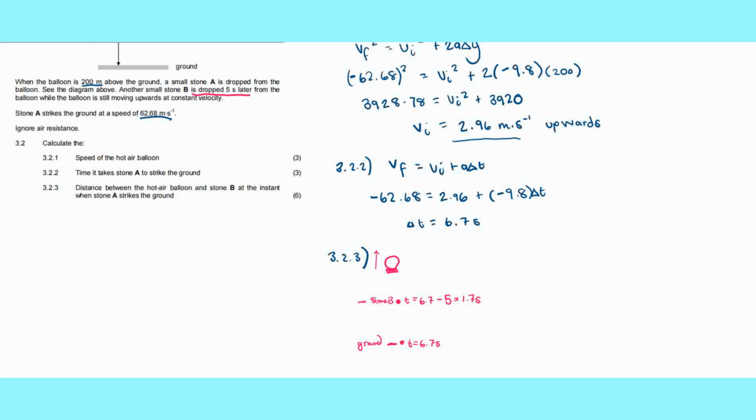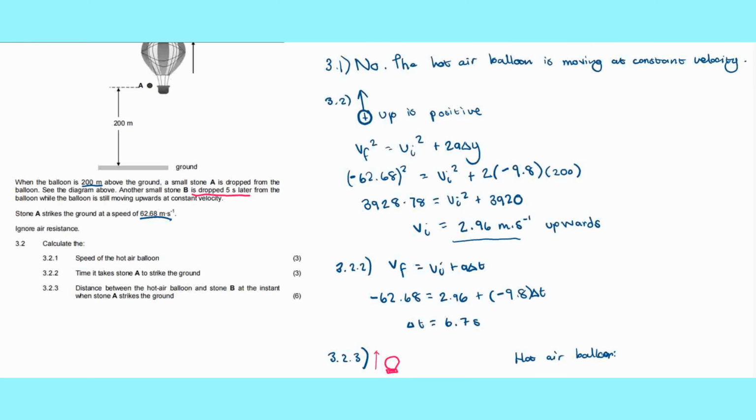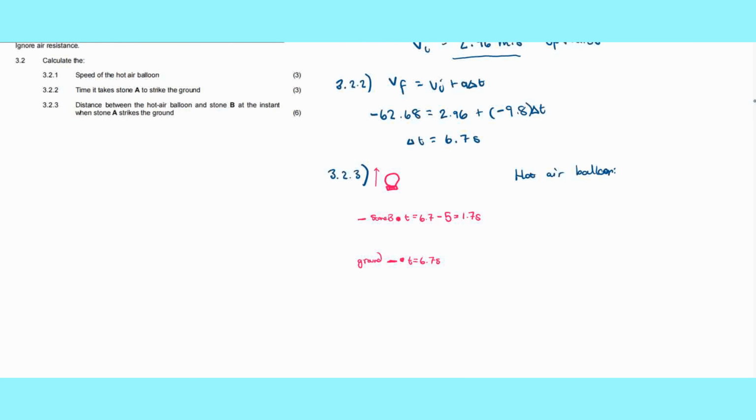If we start then with our hot air balloon, we will be using this equation of motion over here, delta y equals vi delta t plus a half a delta t squared. Now this part of the equation will evaluate to 0 because the hot air balloon is moving at constant velocity, and therefore it does not have an acceleration.